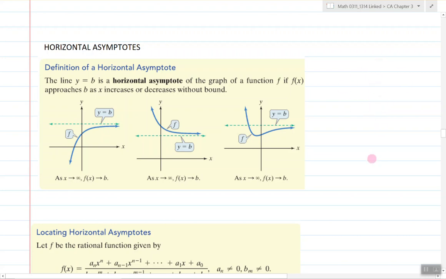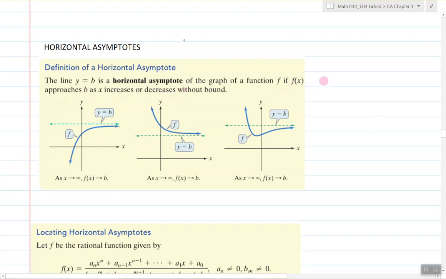Now we're going to talk about horizontal asymptotes. The definition of a horizontal asymptote: the line y equals b, y equals a constant, is a horizontal line. It is a horizontal asymptote of the function if f of x approaches b as x increases or decreases without bound.